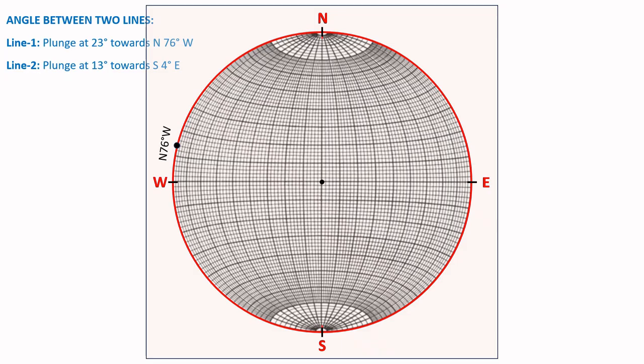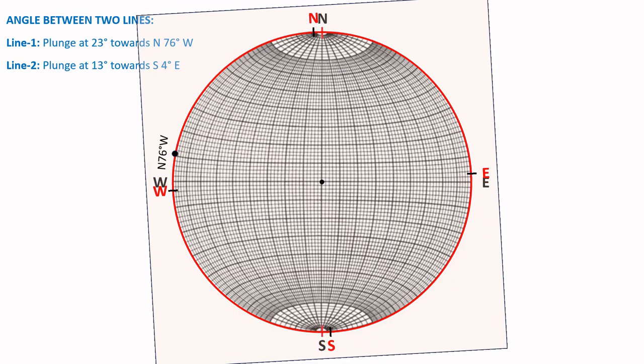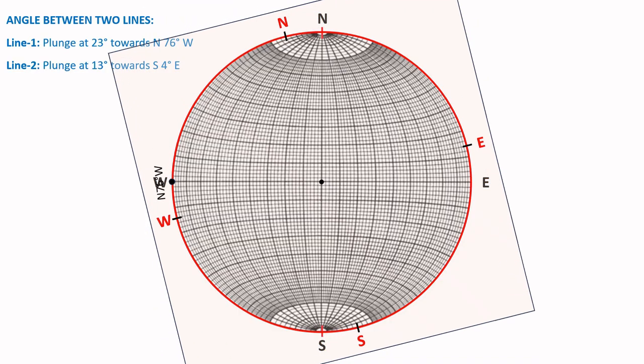Next, rotate the overlay until this marked trend lies along the east-west line. From this position, measure 23 degrees inward from the primitive circle along the east-west line and mark the point. This point represents line 1 on the Stereonet.